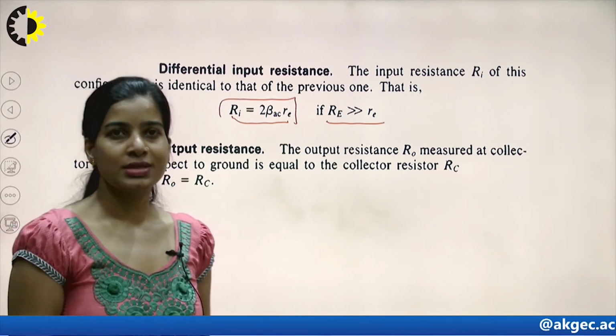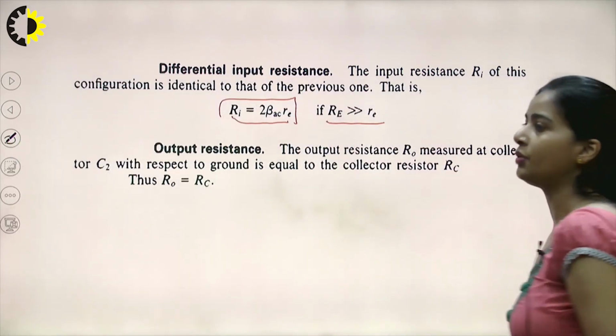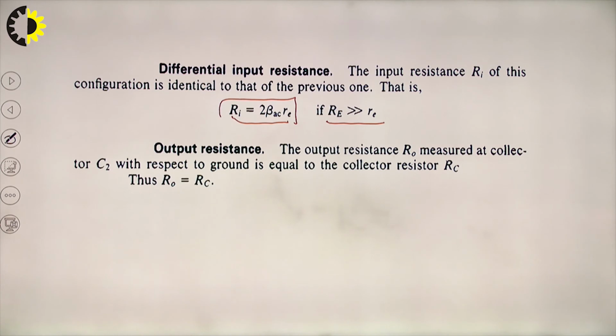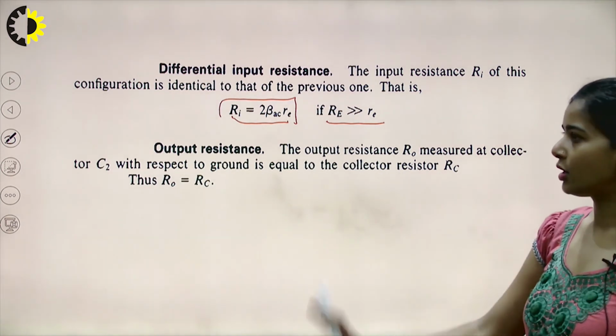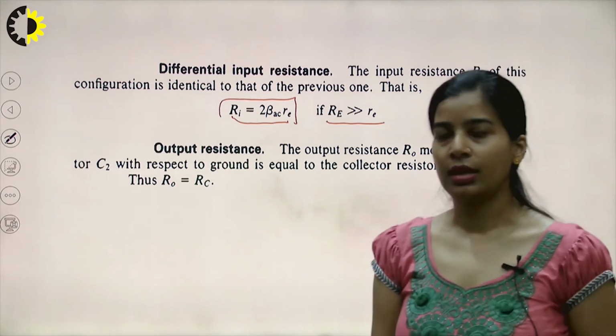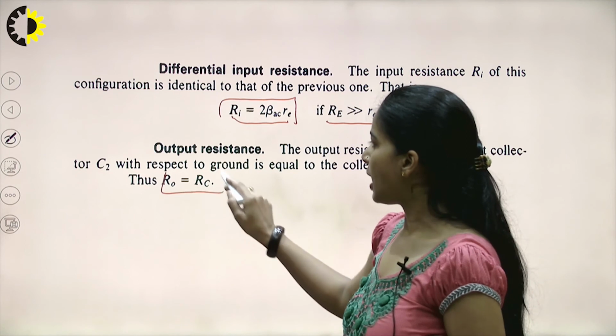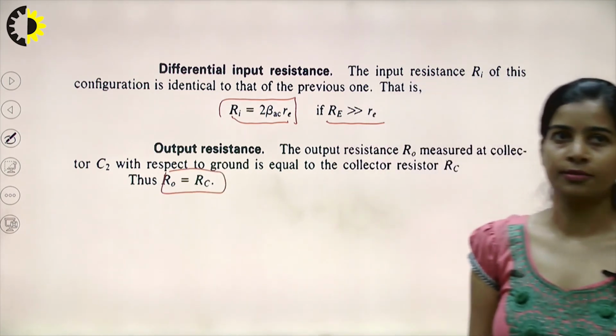The output resistance of this configuration: here we are measuring output between one of the collectors and the ground, so we will represent only one output, that is between one collector and the ground. So, that will be Ro equal to RC.